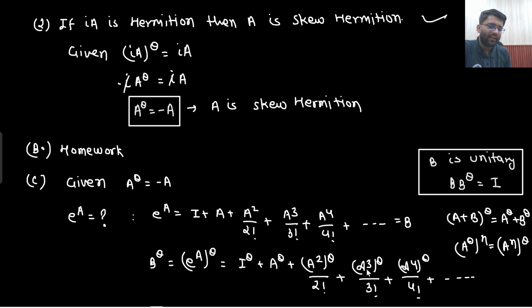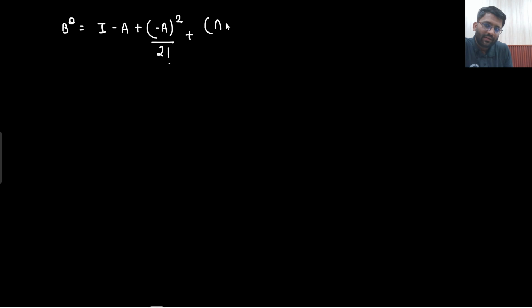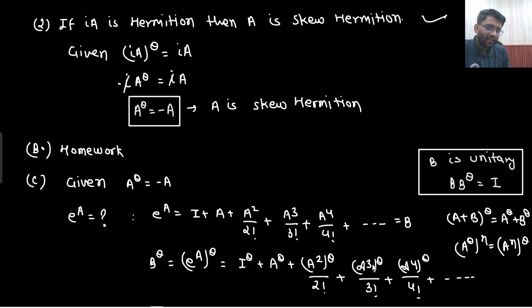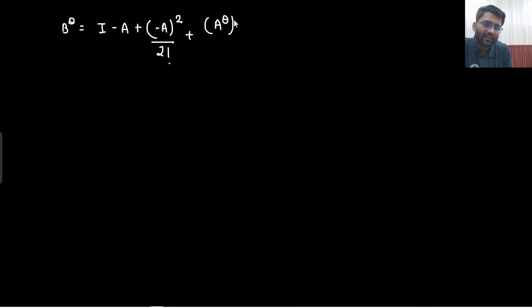This will be nothing but minus A. Plus, here what you will see? A cube theta square. So this could be written as (A theta) cube, 3 factorial, right? Similarly, next could be written as (A theta) to the power 4 divided by 4 factorial, and so on.